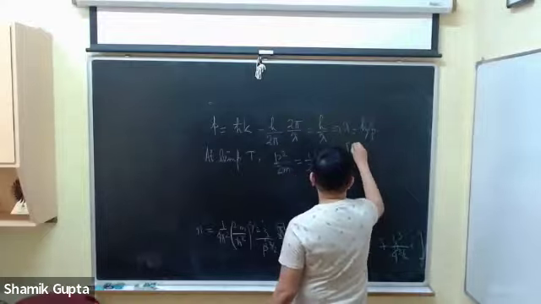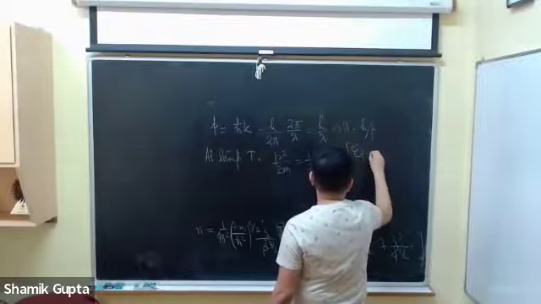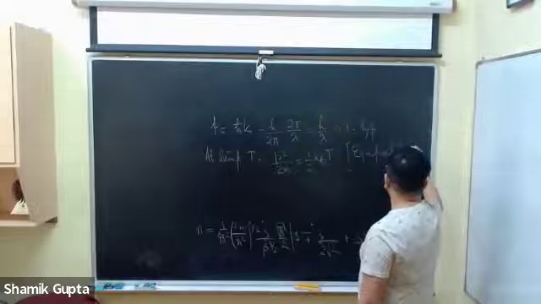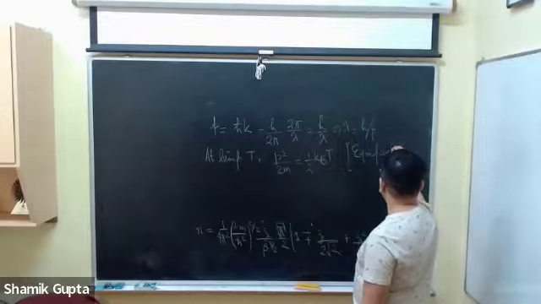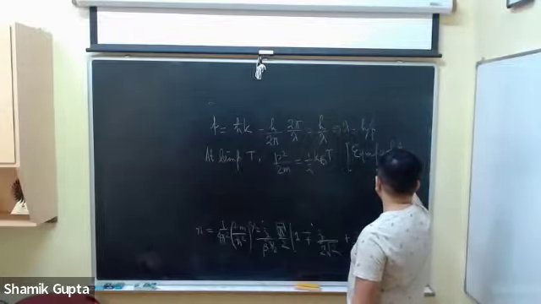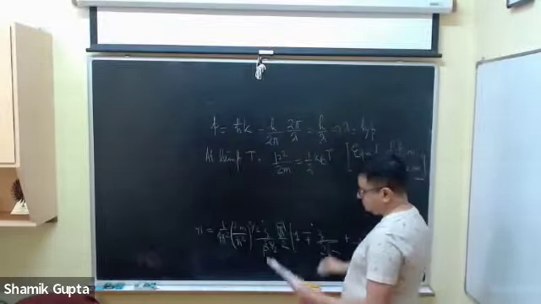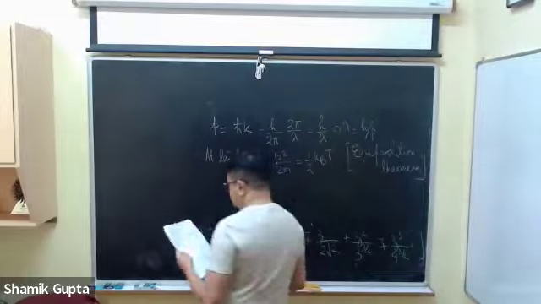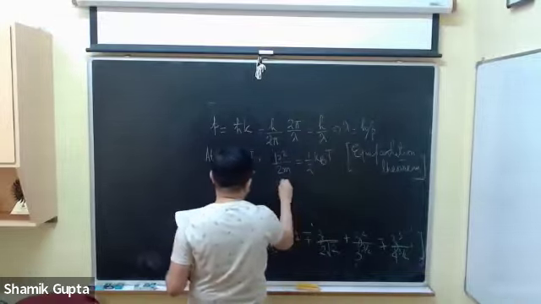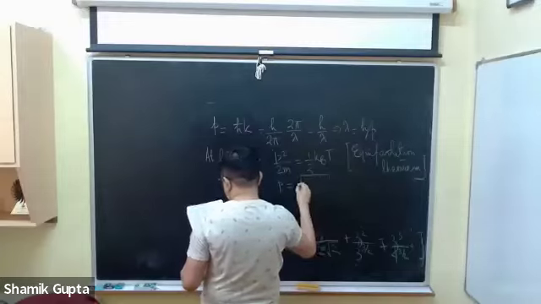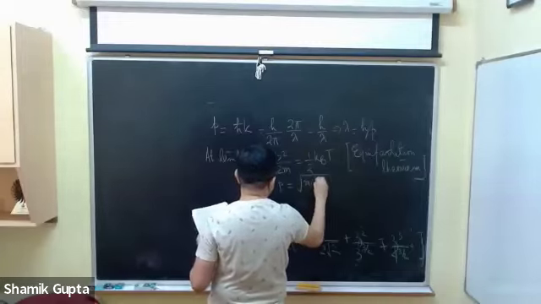We did not have time to look at it, but the proof is very simple and you can find it in any textbook. So this gives p equal to square root of m kBT.